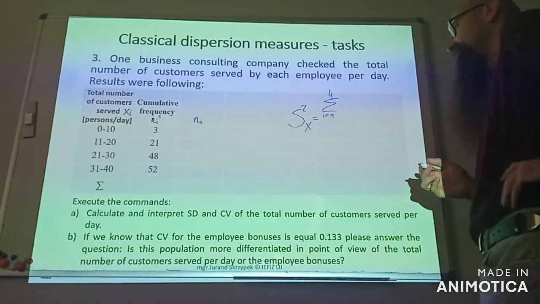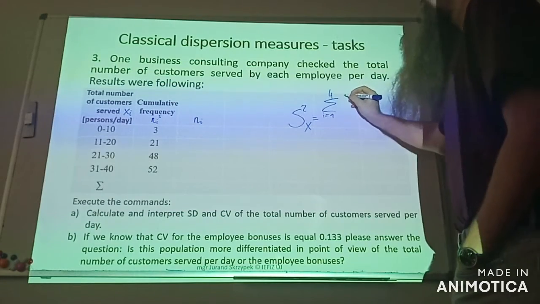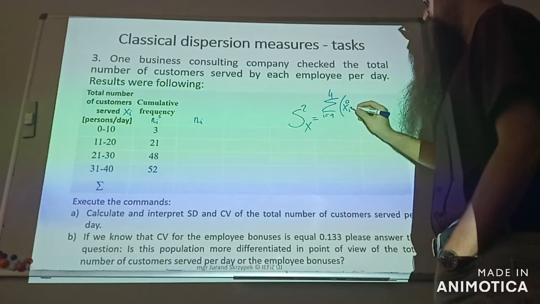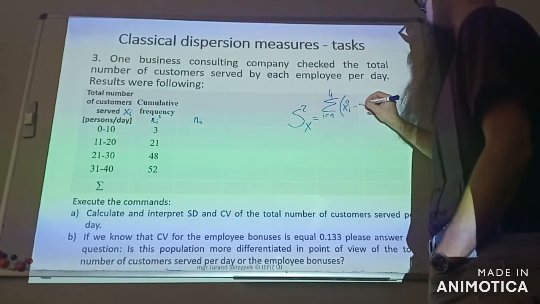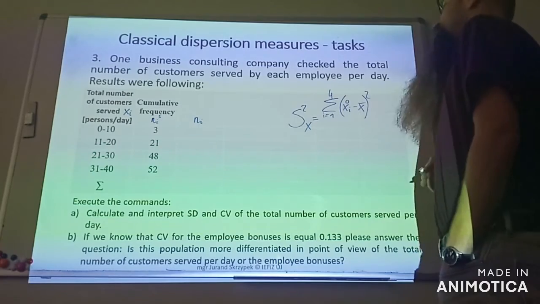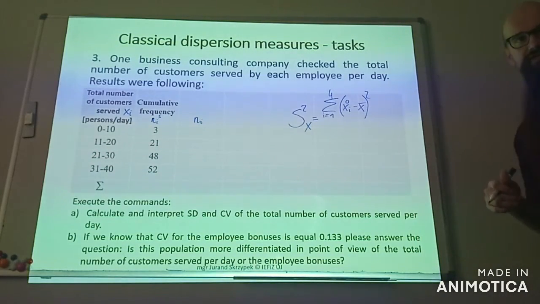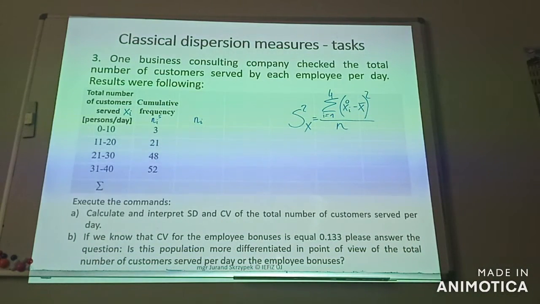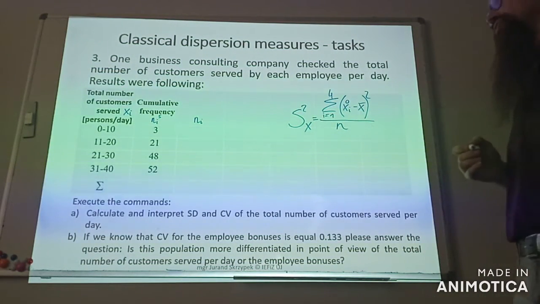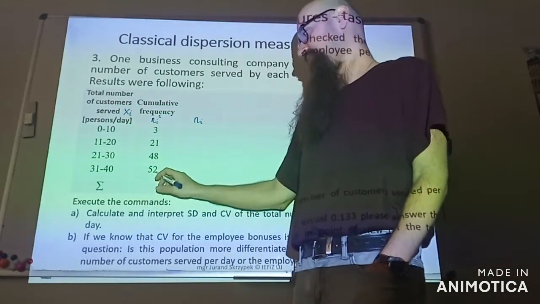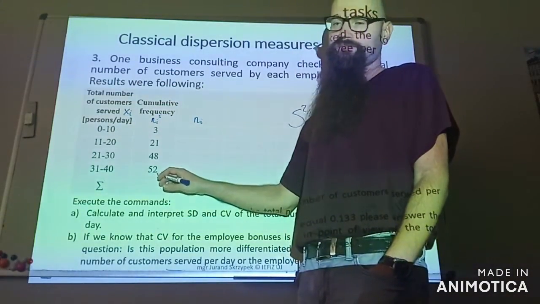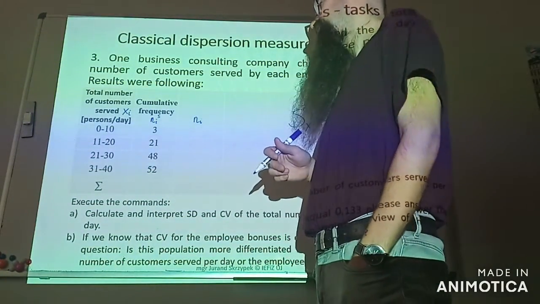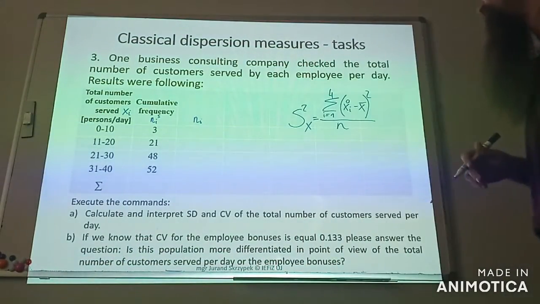So here we have the sum from i equal 1 up to 4 of the deviations of the middle of the classes from the mean, and these deviations are squared. And we divide the sum by the population size, which is 52 employees. The last cumulative frequency, as you remember, is the population size.